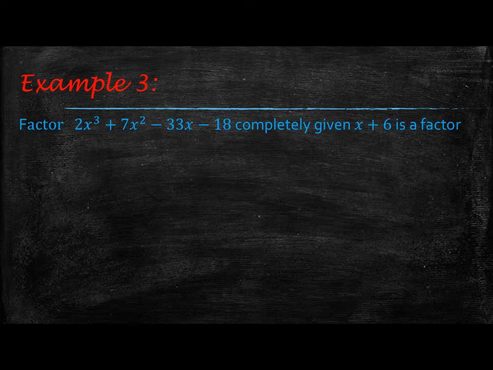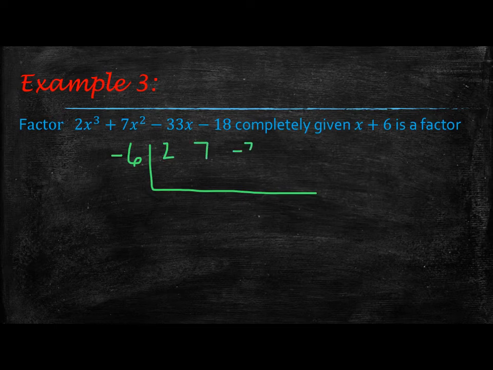Well, we can go ahead and divide that polynomial by x plus 6. So we're going to synthetically divide. We're going to put negative 6 on the outside, and then we're going to put our coefficients. Now there's not a term missing, so we're going to go 2, then 7, then negative 33, then negative 18.